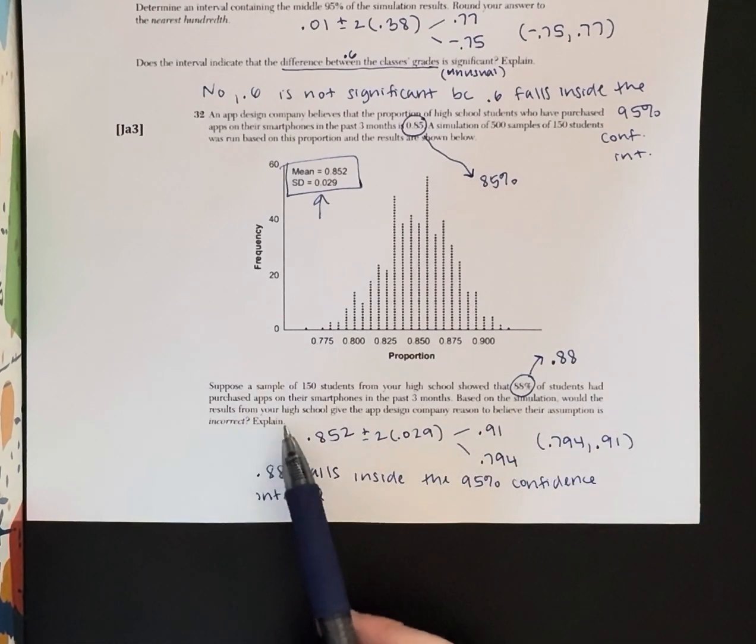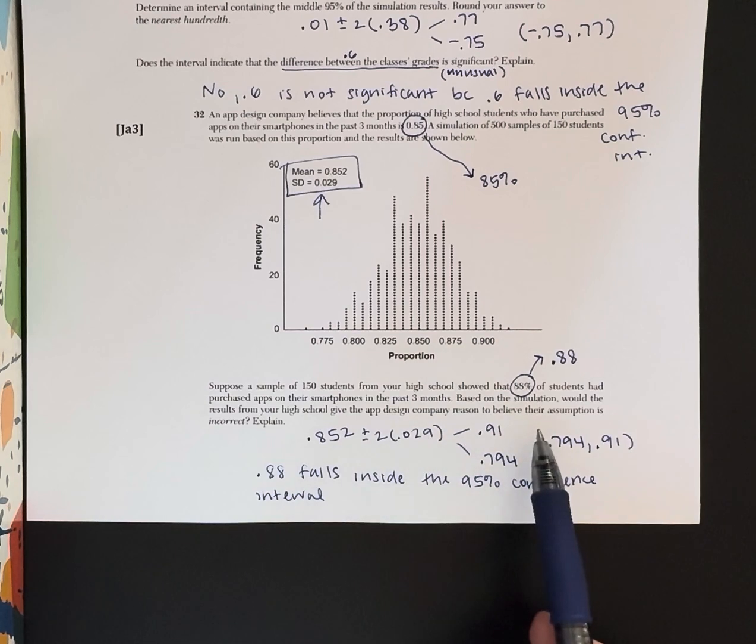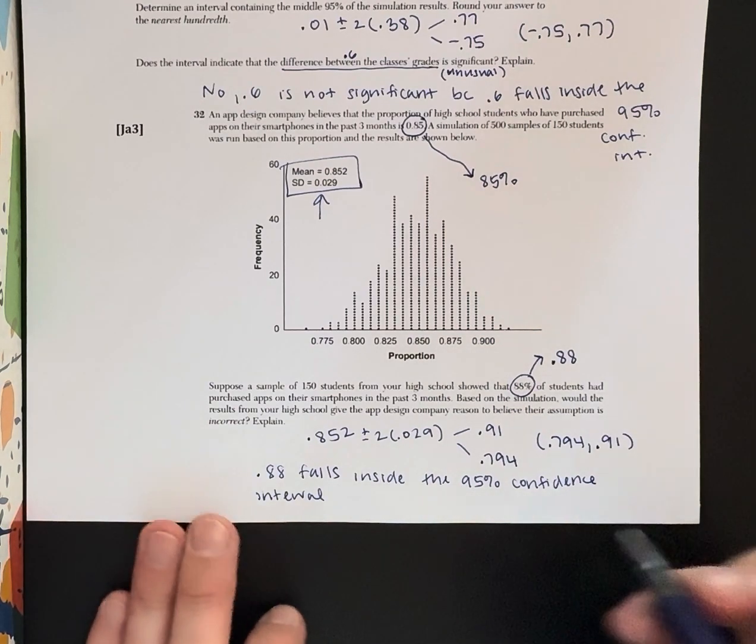So it says, would the results from your high school, so the 0.88, give the app design company reason to believe their assumption is incorrect? No, it's not a significant result. So the 0.88 is just something that's very likely.